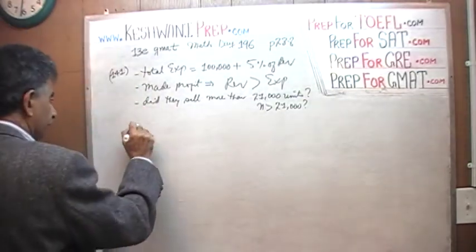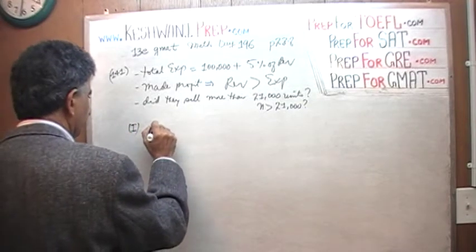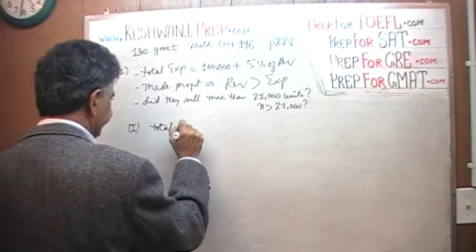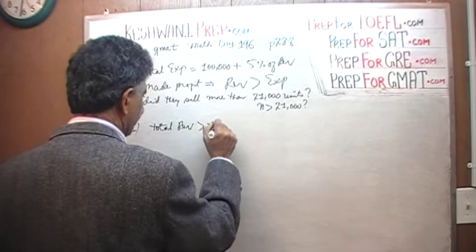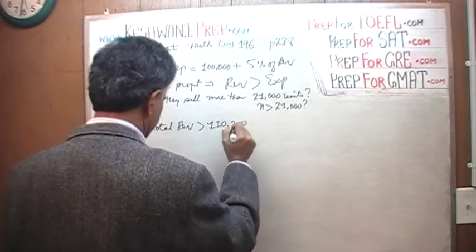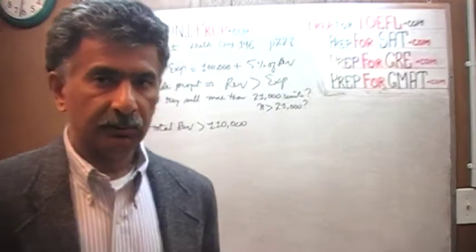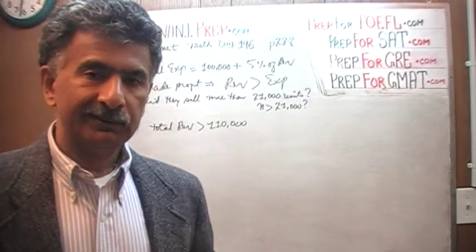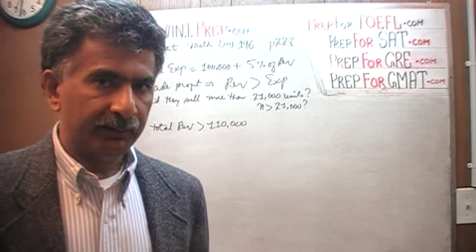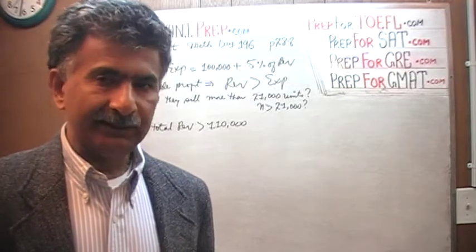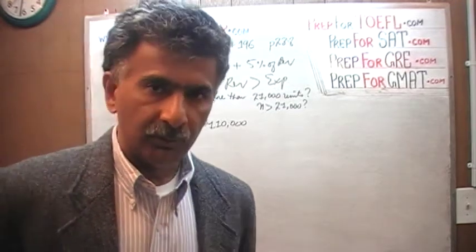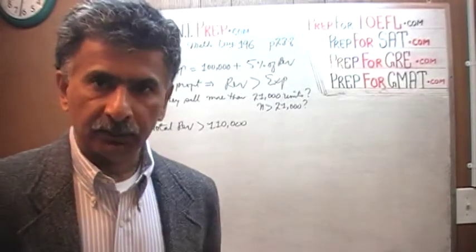In the first statement they tell us that the total revenue is more than 110,000. Is that enough for us to figure out how many units they must have sold? Simply knowing how much money you have in the till at the end of the day does not tell me how many hamburgers you sold unless I know the price of the hamburger.